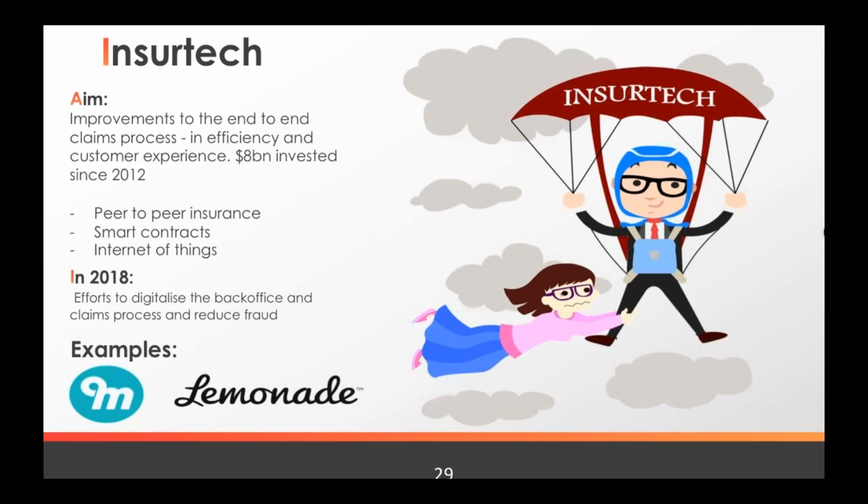Instead of buying your own policy on your own, you buy it as part of a group, and that group will have a certain profile of risk, which will be more favorable for you than if you were purchasing your insurance out there in the market.